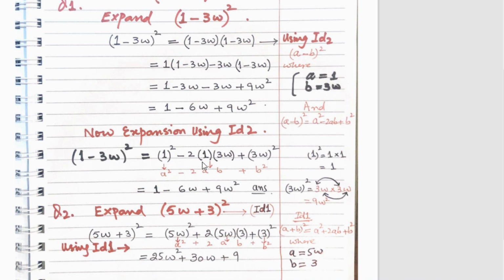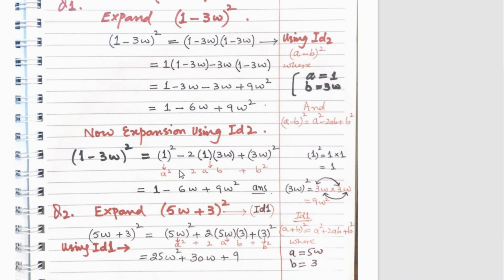So in expansion, the minus sign will come with 2AB only. Look at this. This is the expanded side of the second ID. The minus sign is with 2AB. We have written this minus sign over here. Both the squares are plus. Squares are always plus. If there is a negative sign with a square, even then that is plus. So according to the formula, plus sign will come over here, and what is B? B is 3w. We will write down 3w inside and square it.